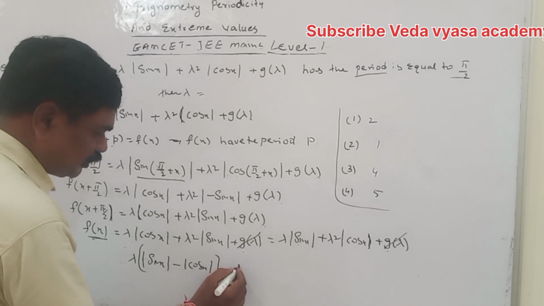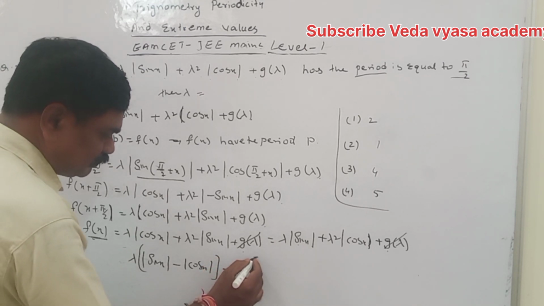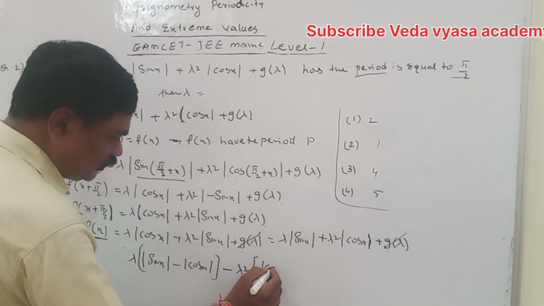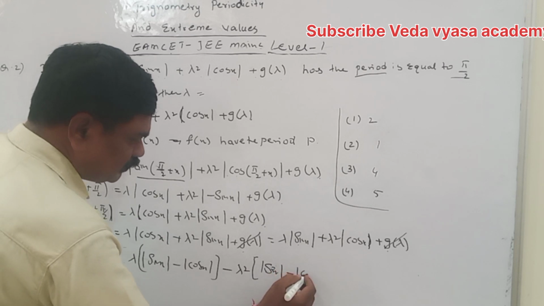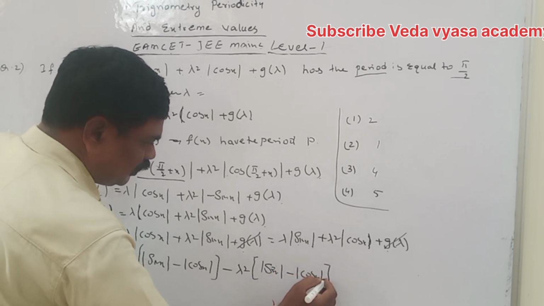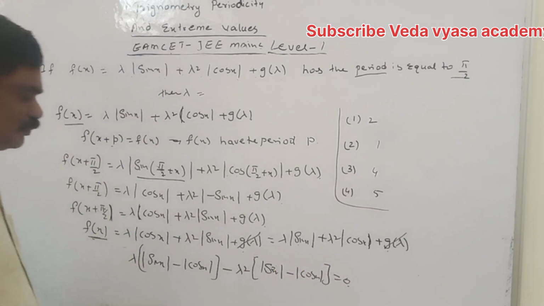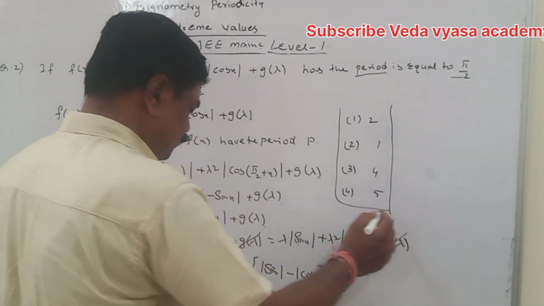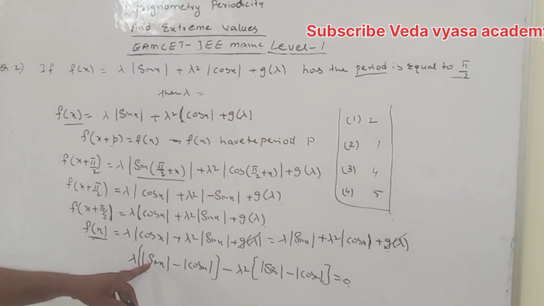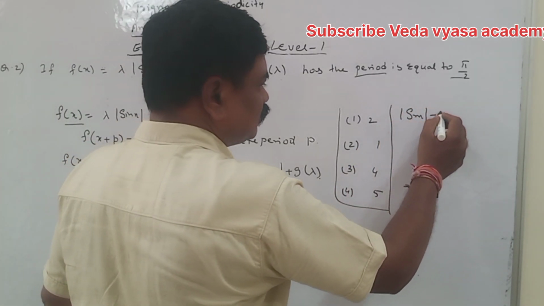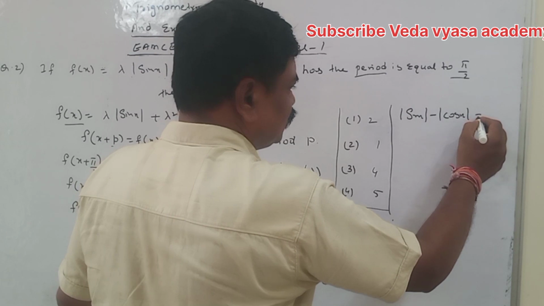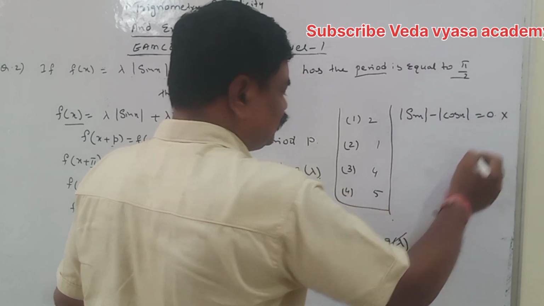and minus common λ²(|sin x| - |cos x|) is equal to 0. But here you observe, you take common |sin x| - |cos x|. |sin x| - |cos x| equal to 0 is not valid.